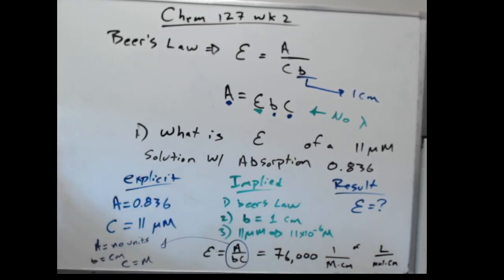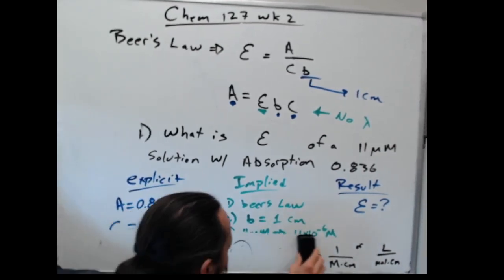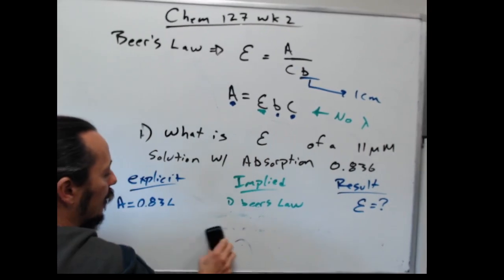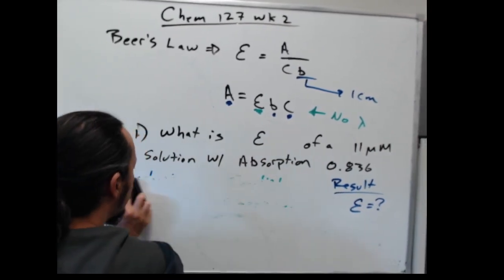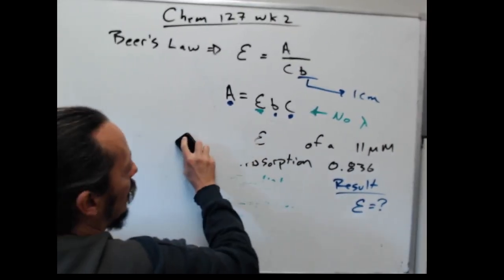So let's look at the concentration equation. Is it okay if I erase this? Okay. So let's look at the equation we have for understanding concentration and see how dilution affects it.